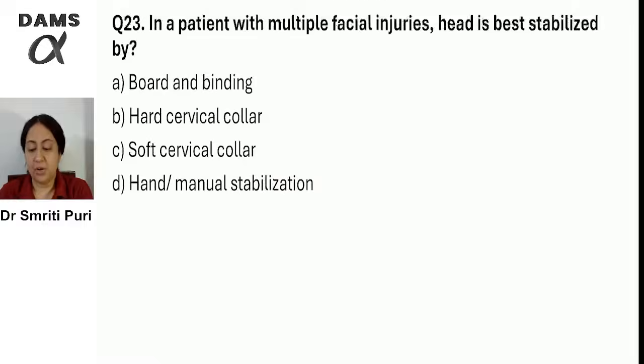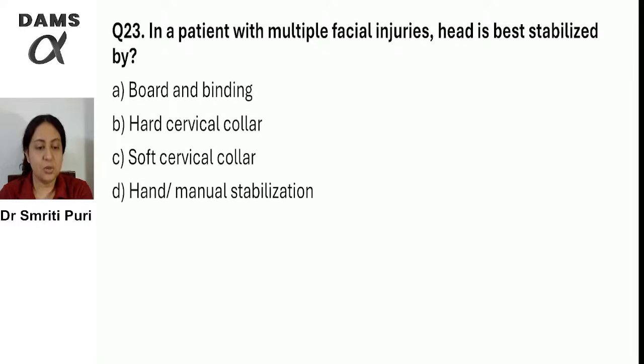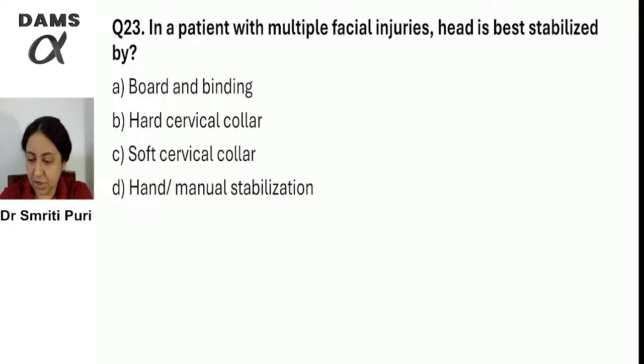Now, coming to question number 23. In a patient with multiple facial injuries, head is best stabilized by A. Board and binding, B. Hard cervical collar, C. Soft cervical collar, and D. Hand and manual stabilization. So, I have given you a sequence in the class as well.